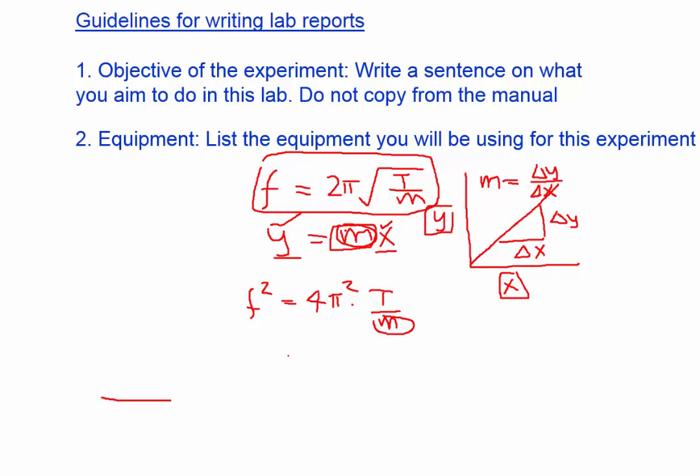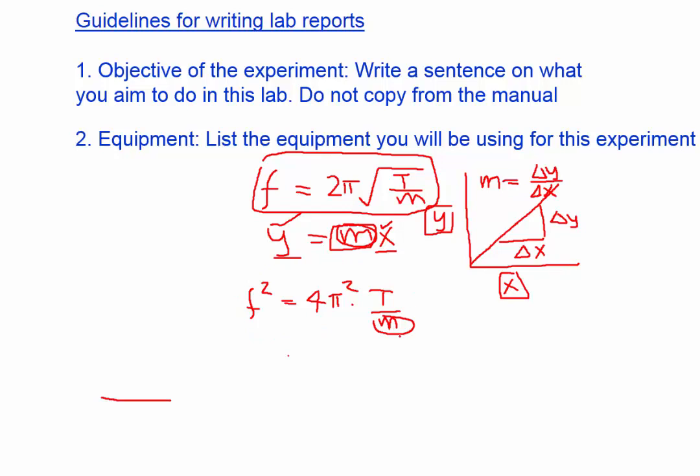That is the slope of the graph. In this case, this M is actually a mass value, and this is the quantity we may have to determine using the experiment.